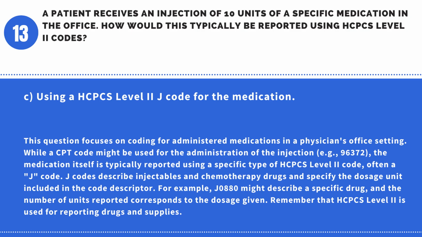J codes describe injectables and chemotherapy drugs and specify the dosage unit included in the code descriptor. For example, J0880 might describe a specific drug, and the number of units reported corresponds to the dosage given. Remember that HCPCS Level II is used for reporting drugs and supplies.